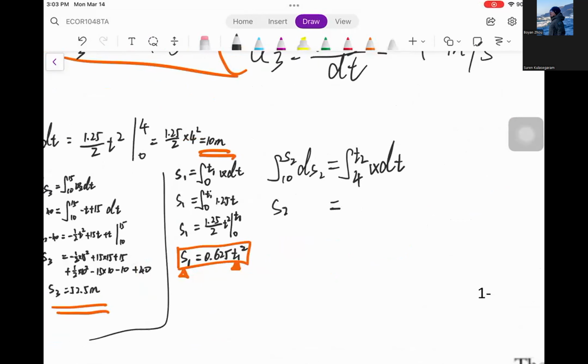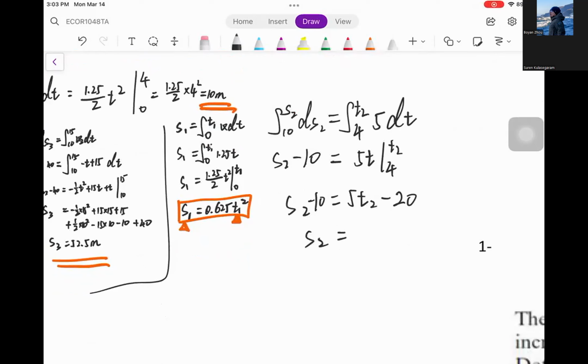The left hand side is the same, S2 minus 10. On the right hand side, we know the velocity here is constant, equal to 5. So it's just 5t, evaluating from 4 to T2. S2 minus 10 is going to be equal to 5 T2 minus 20.